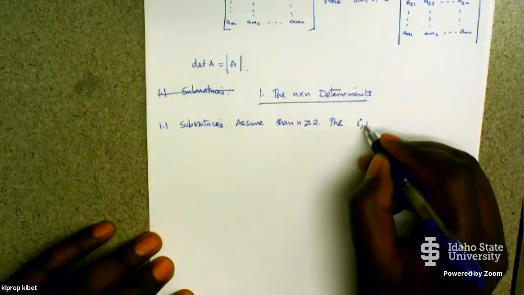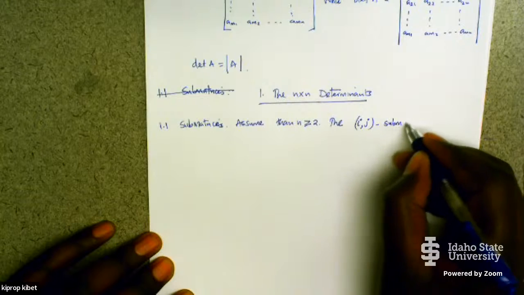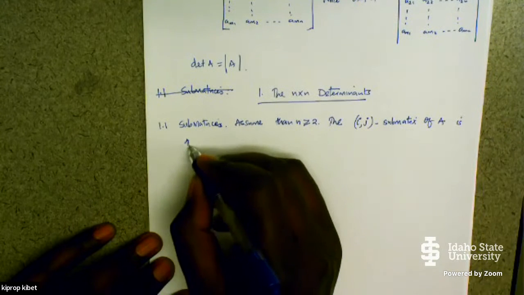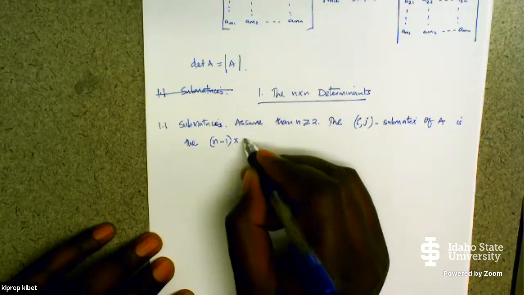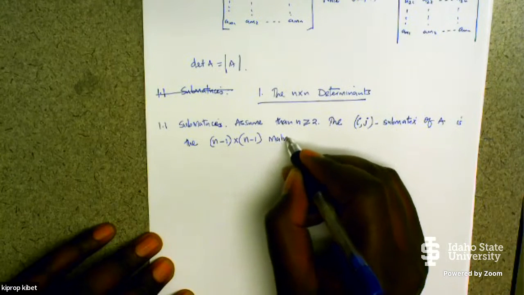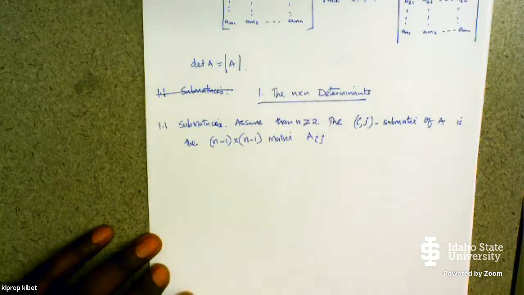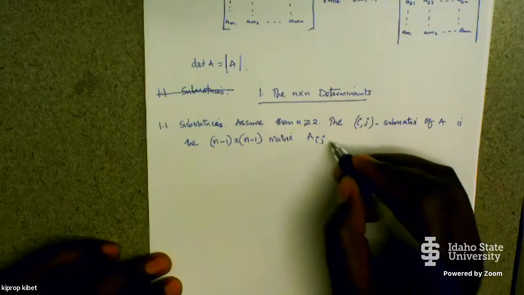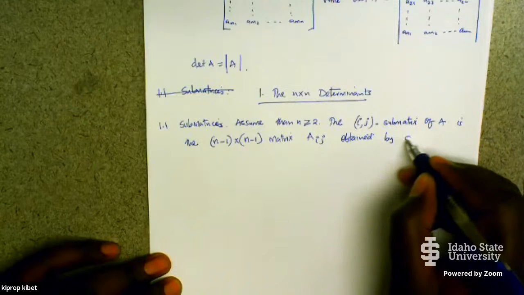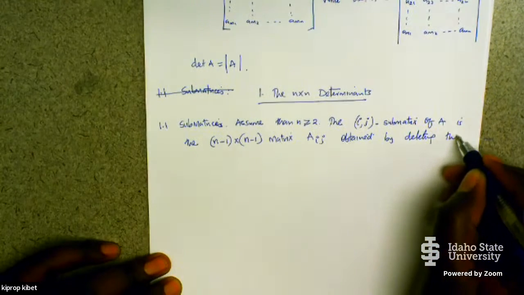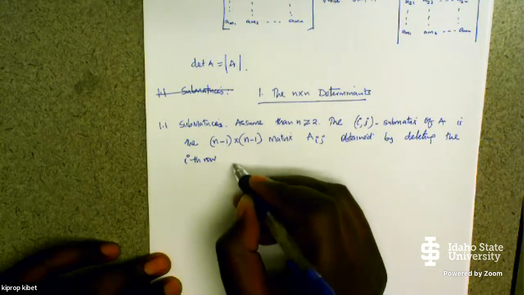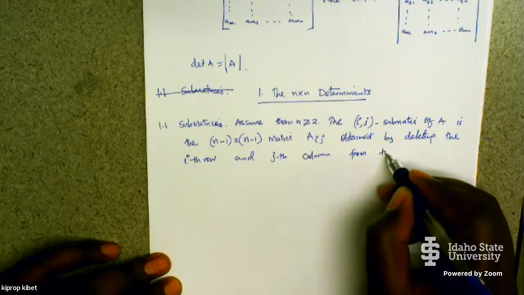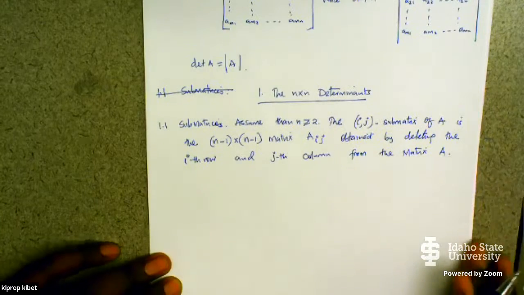The ij submatrix of A is the n minus 1 by n minus 1 submatrix Aij obtained by deleting the ith row and the jth column from the matrix A.